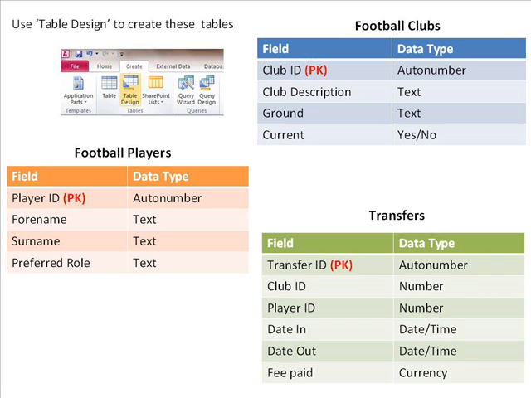And then the transfers, we're keeping the transfer ID, and then we link in for the club ID and the player ID, and then we have the date in and the date out. Obviously if the date out is blank on a particular record, it means that they're still there. And then you might also want to record details of the fee paid.